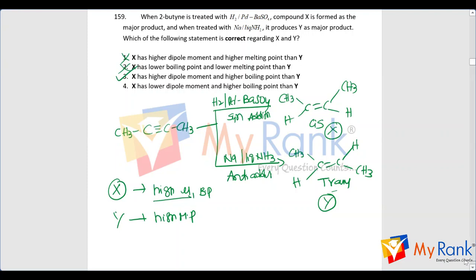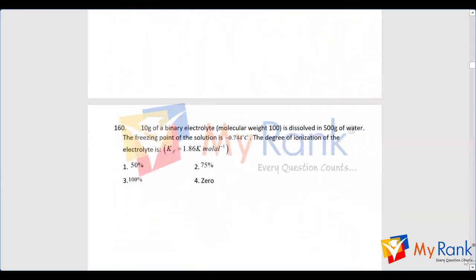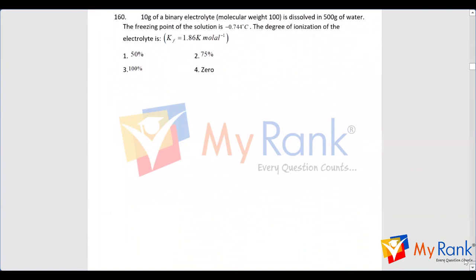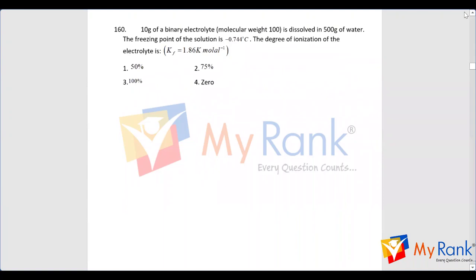Okay, next one is question number 160. 10 grams of binary electrolyte. A binary electrolyte means AB, which dissociates into A plus and B minus, so n is equal to 2, the number of ions produced.